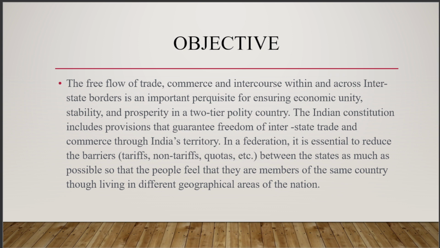As we know, the different states of the country cannot produce everything on their own, so it becomes important to exchange goods, and to make it easier, these provisions were added in the constitution. They make sure that there should be no hindrance, no problem while exchanging goods and services between different states of the nation. So these provisions were added so that goods and services or trade can be done easily between different states.